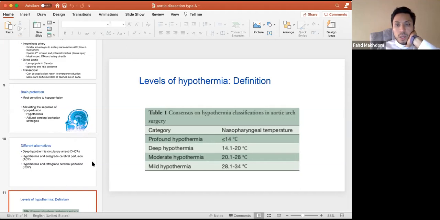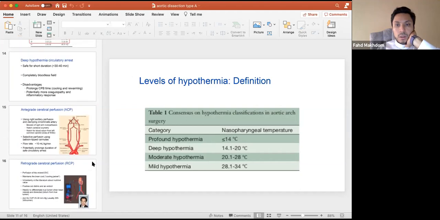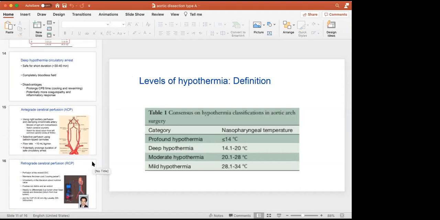Okay, any questions, guys? So, Dr. Fahd, for the sake of the exam, let's say it is not a connective tissue disorder, nothing, but the root is dilated and the valve is okay. Otherwise, everything needs to be replaced.